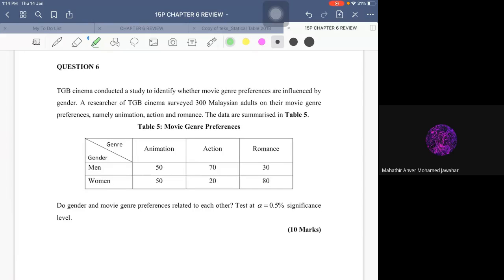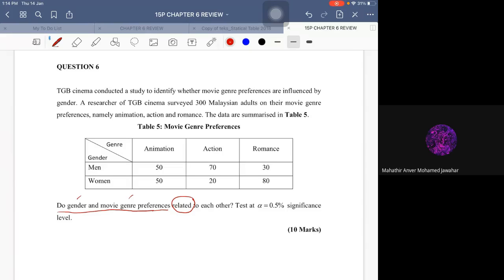How do you know it's going to be an independence test? Because the question asks, do gender and movie genre preferences relate to each other? We have two variables, gender and movie genre, and we have to test whether or not they are related to each other.